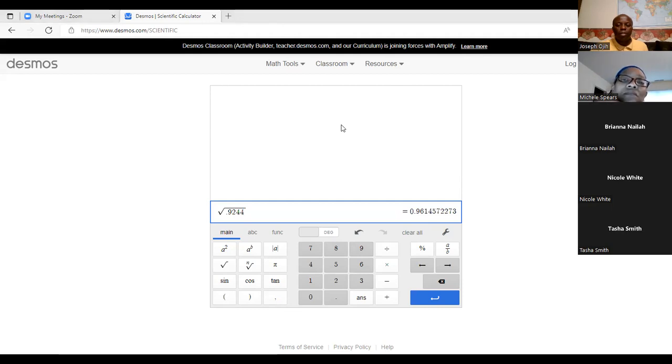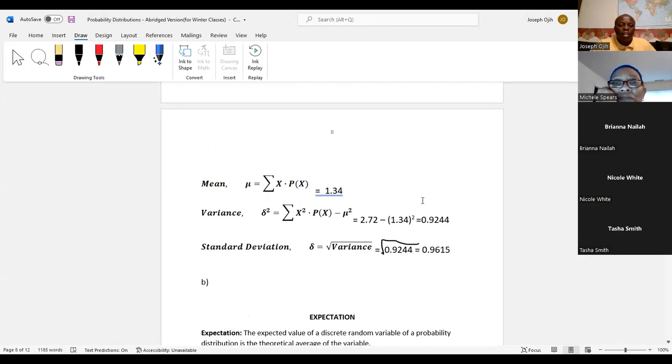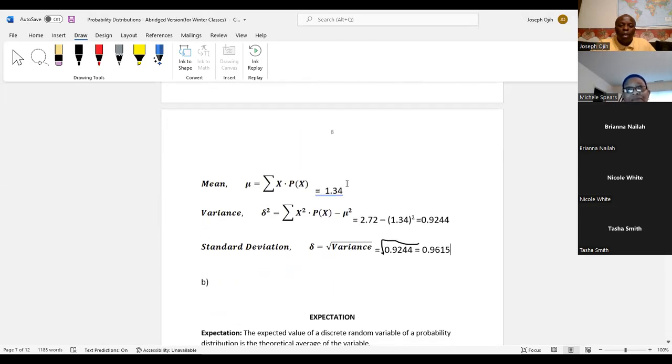So we have 0.9615. Okay. So that is it. We have answered the question. The question wants us to get the mean, variance, and standard deviation, and we answered all of them. That's part A. Any question before we go to part B?